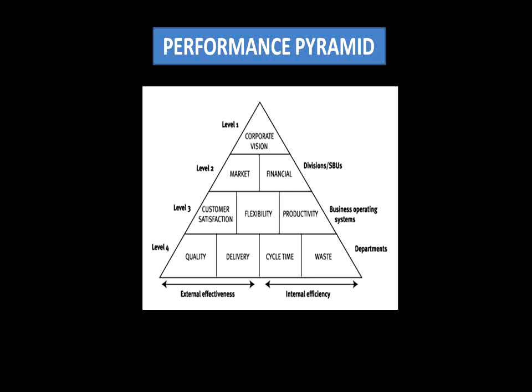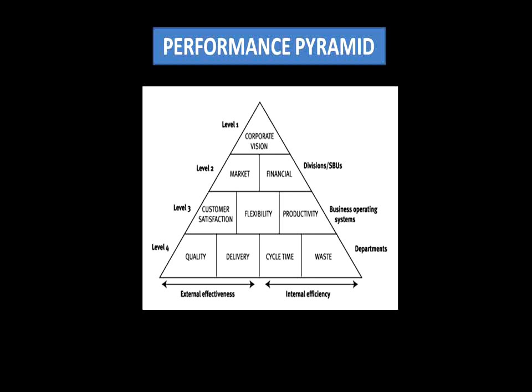If you see this diagram, if you go down, it will tell you what the measures are, and if you move upward from waste till corporate vision, you will see that these are the objectives of the organization.